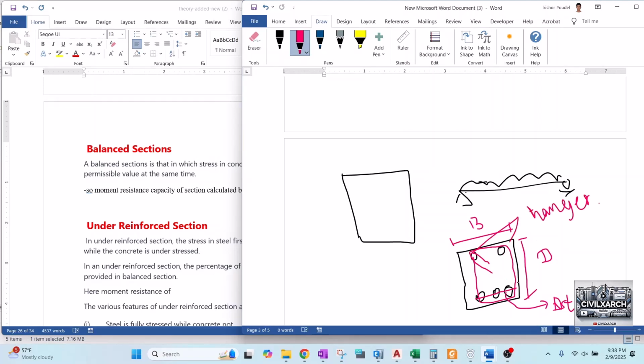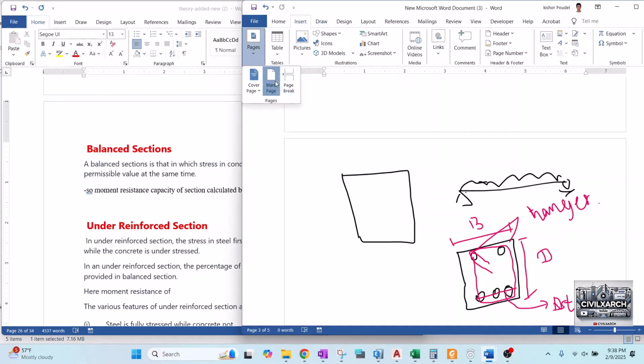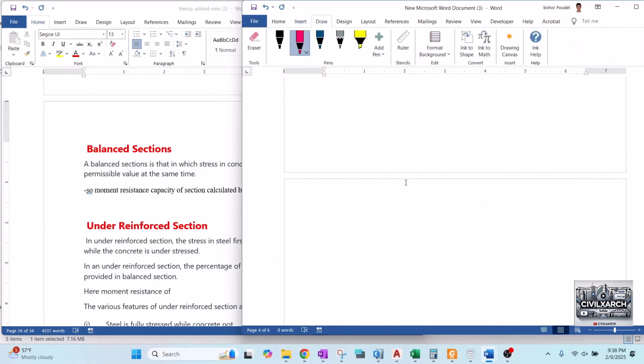So we can calculate whether this section is balanced, under reinforced, or over reinforced. In IS 456 2000, there are derived equations from which we can calculate the neutral axis, and after finding out where it lies, comparing it with the maximum limit for the neutral axis, we can find out whether the section is balanced, under reinforced, or over reinforced.